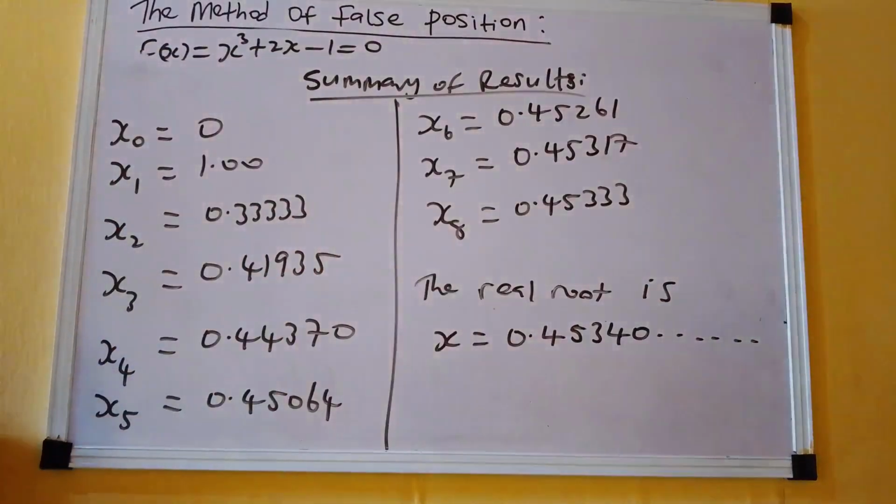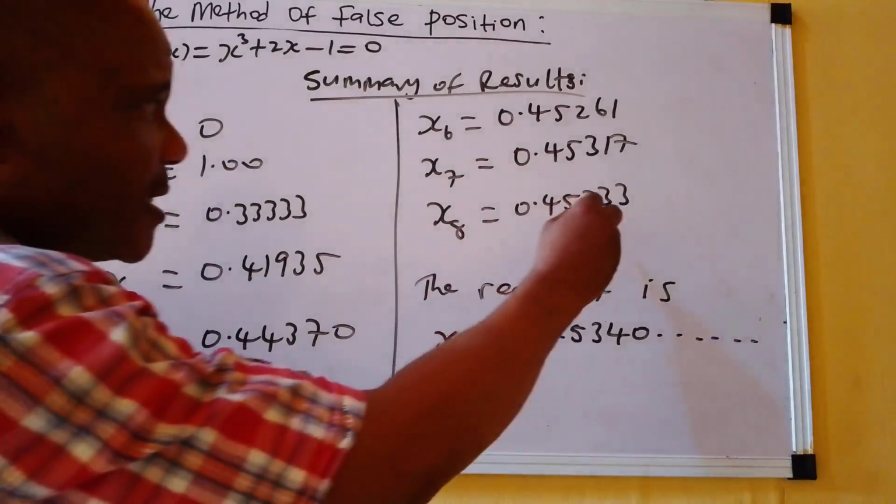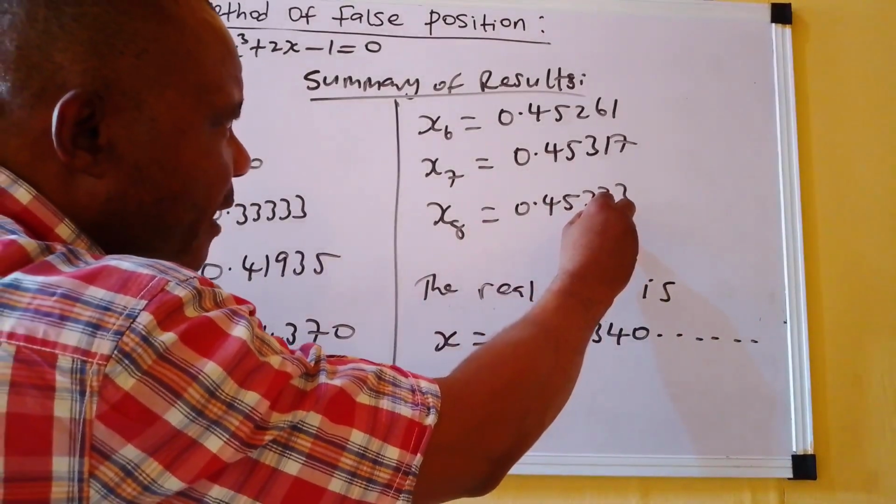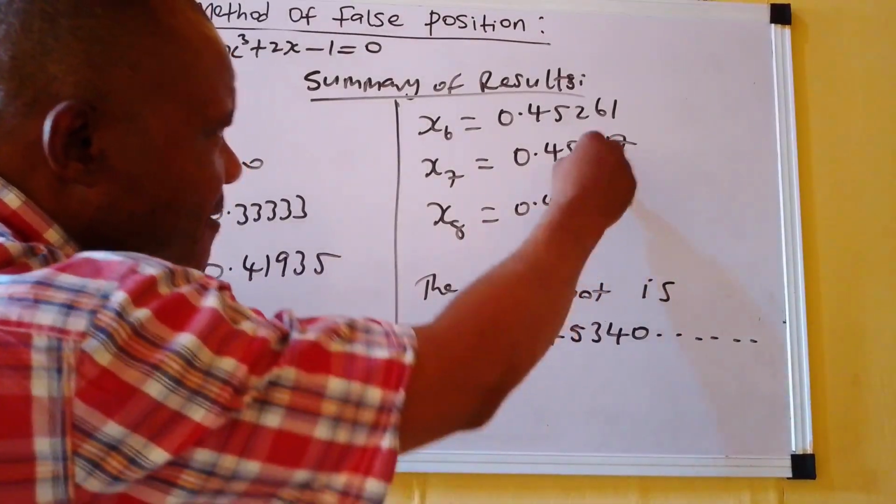So this is the real root. Now you can see that this method of first precision has been able to achieve accuracy up to 3 decimal places.